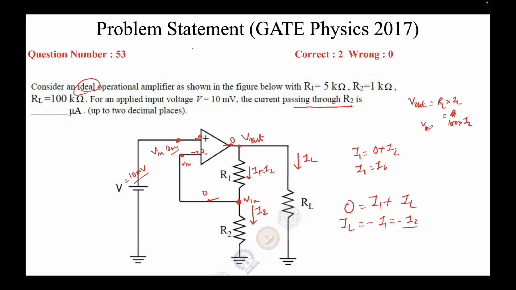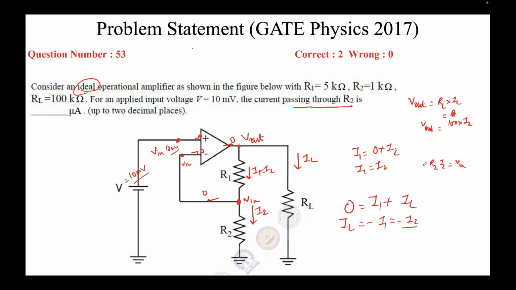So V out is 100 times I2, right? Now let's apply Ohm's law across this resistor now. So what we'll get is R2 times I2 should be equal to V in, right?